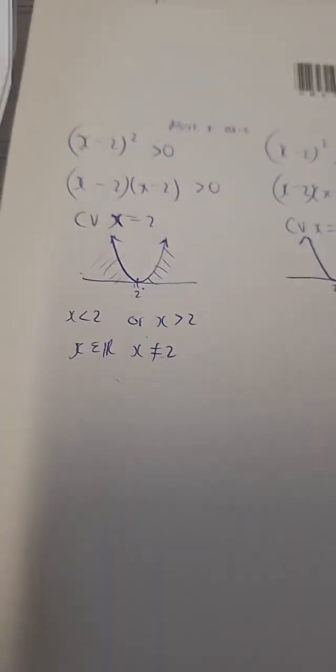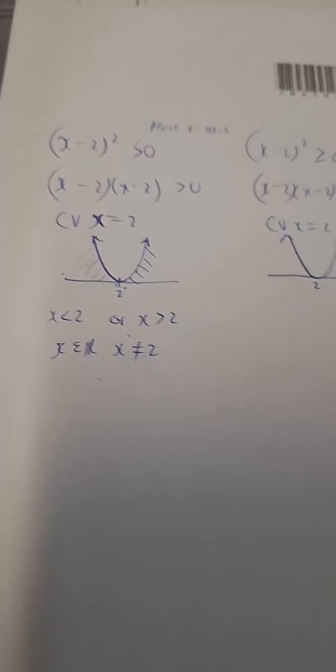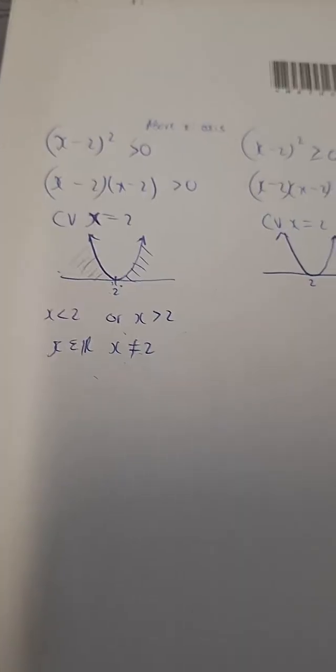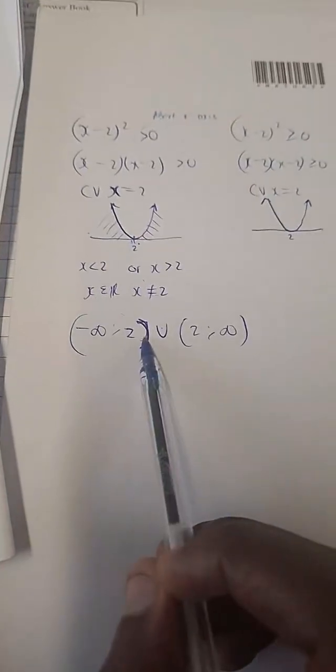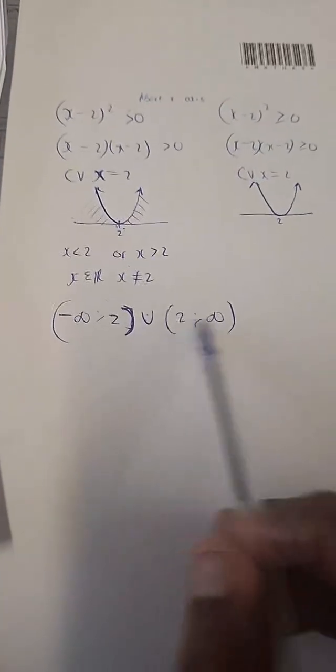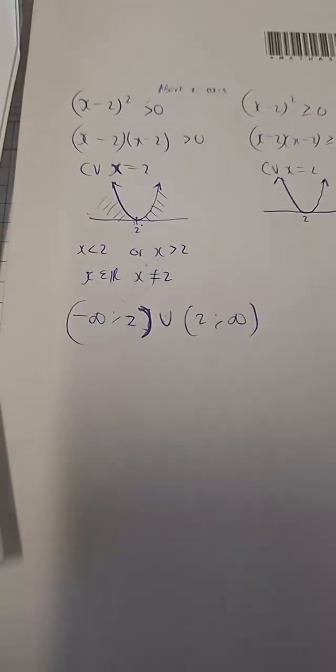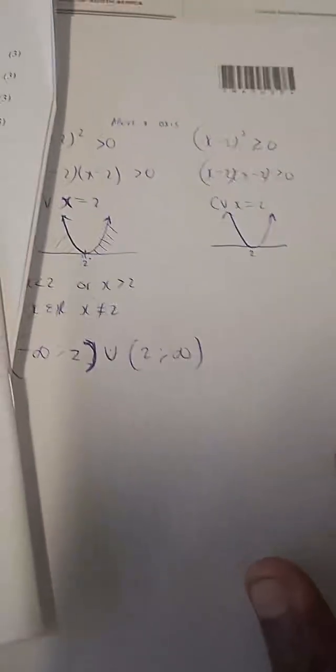So these are two ways of writing this answer if you want. Or maybe in interval notation, someone else will say from negative infinity to 2, or from 2 to positive infinity.